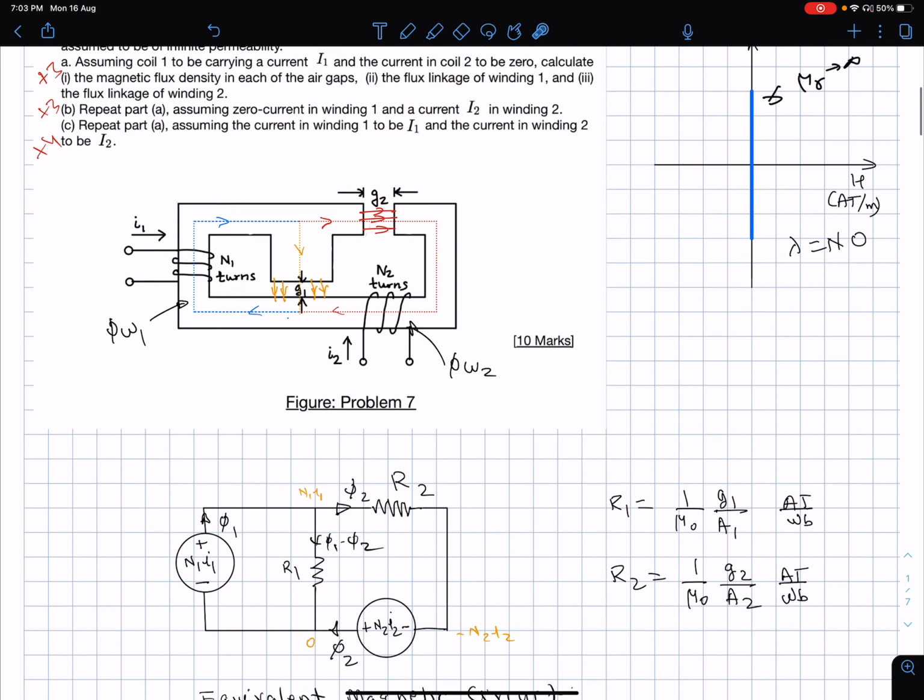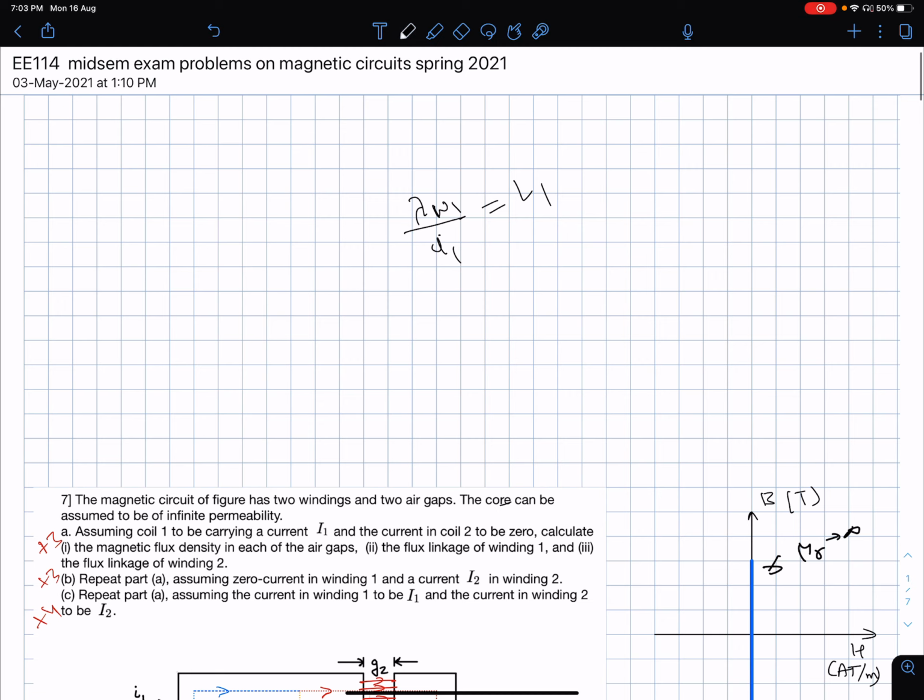So now again, I2 being 0, this ratio of flux linking the winding 2 divided by the current, the cause, which is the current in winding 1, will be the mutual inductance L12.